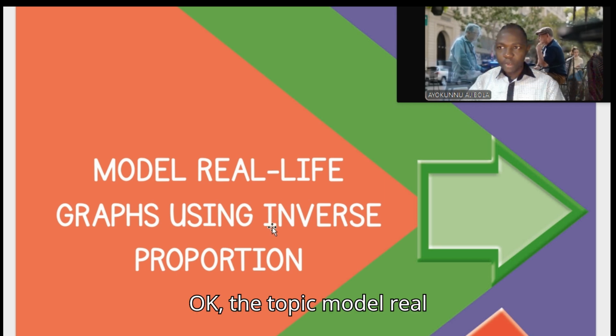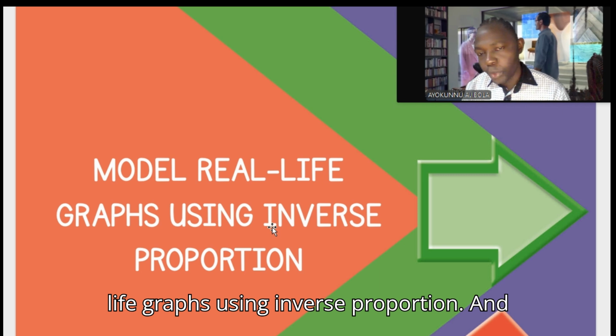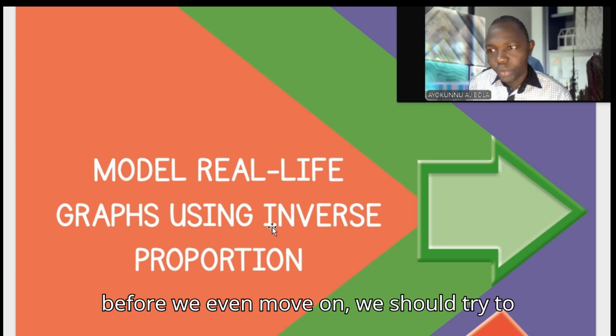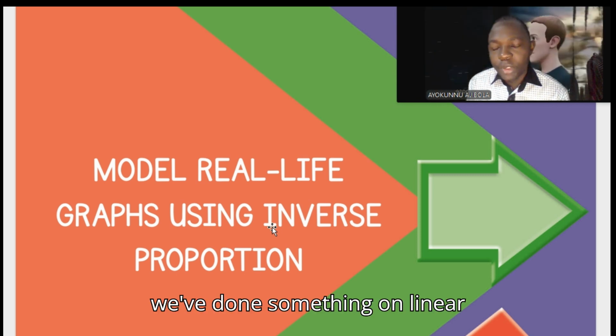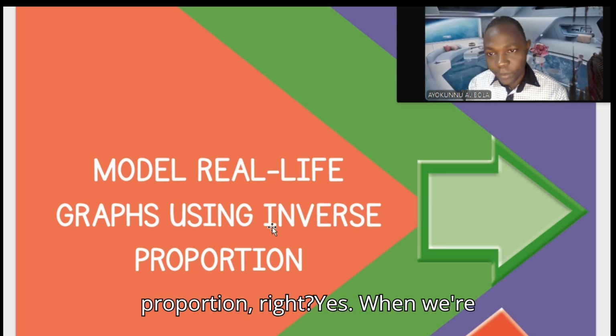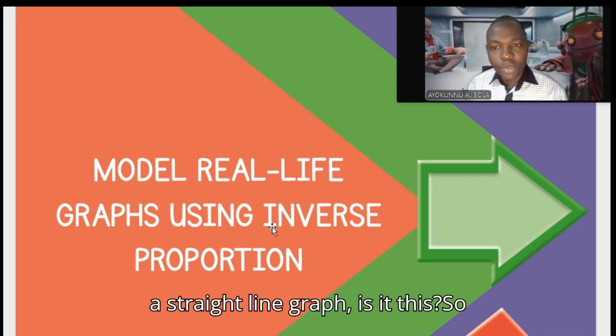Okay, the topic is modeling real life graphs using inverse proportion. Before we move on, we've done something on linear proportion, when we were looking at scenarios and asking whether it is a straight line graph.